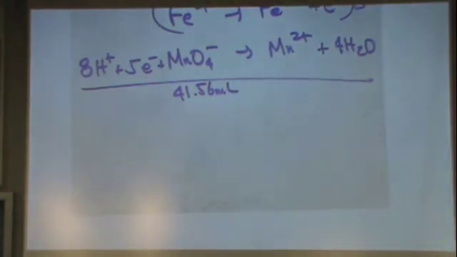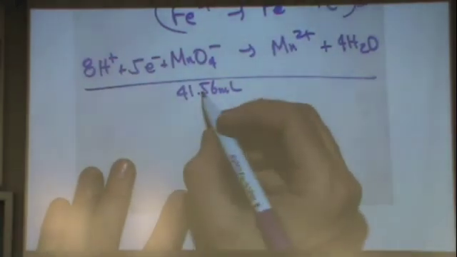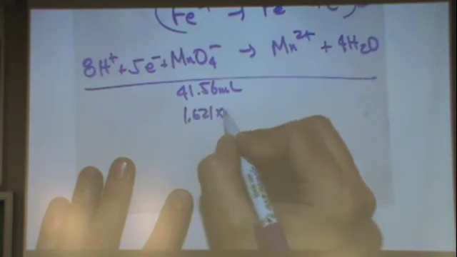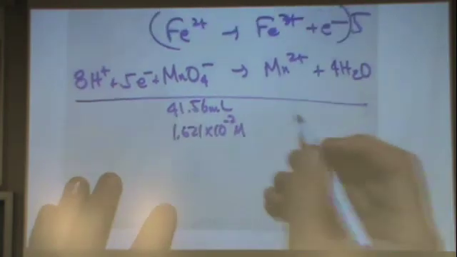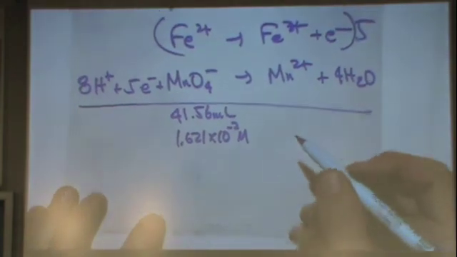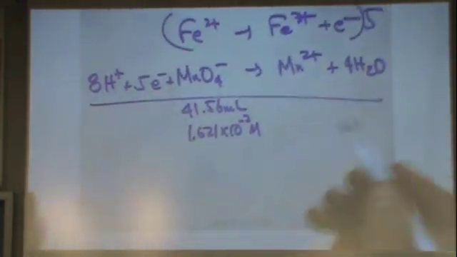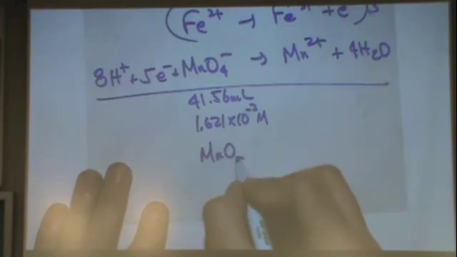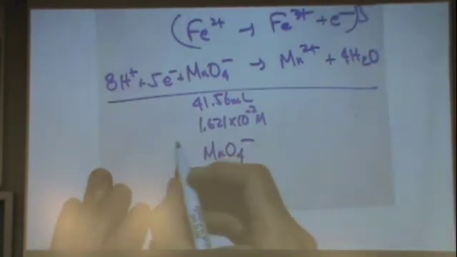So now we're entering into a separate problem, which is a titration problem. So this is a separate problem, but it's all one problem. And this is 1.621 times 10 to the minus 2 molarity. And we want to know, on the same side it's going to be iron. I guess I should write it out. Let me write it out.